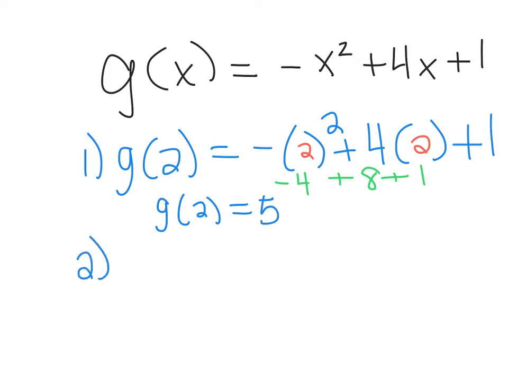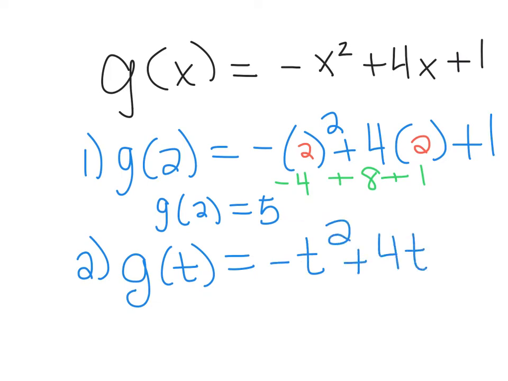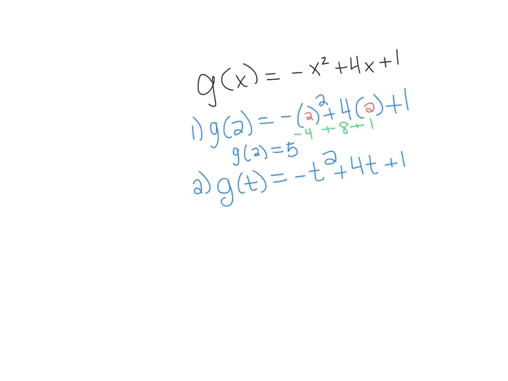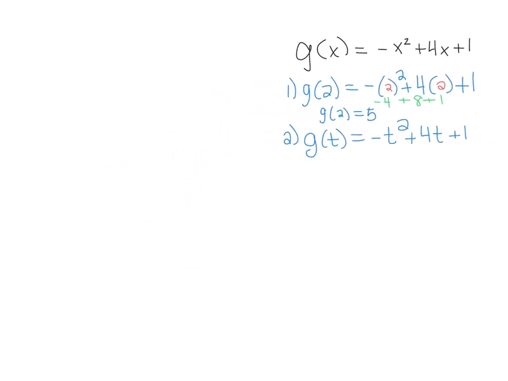Number 2 is super easy because it's g of t. And all that means is that all the x's are becoming t's. So it's negative t squared plus 4t plus 1. Now, the hardest one of all is the last one because it's going to involve some algebra and some foiling.